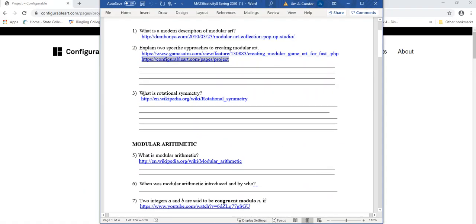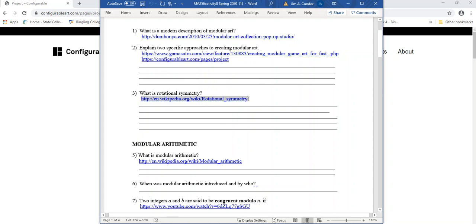And of course, we want to talk about ways you can use mathematics to help you create modular art. And we're just going to do one type. There's an infinite number of types of modular art you can create. The one thing we want to talk about here first is rotational symmetry.